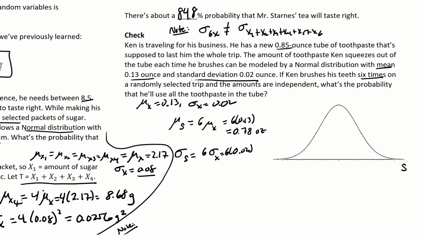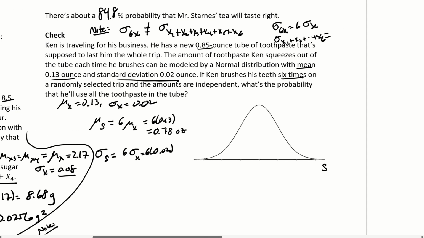In other words, it's not the same as sigma x1 plus sigma x2, okay? Be very careful. Because sigma 6x is equal to 6 sigma x, right? But sigma x1 plus x2 dot dot dot plus x6 is actually equal to the square root of 6 sigma x.